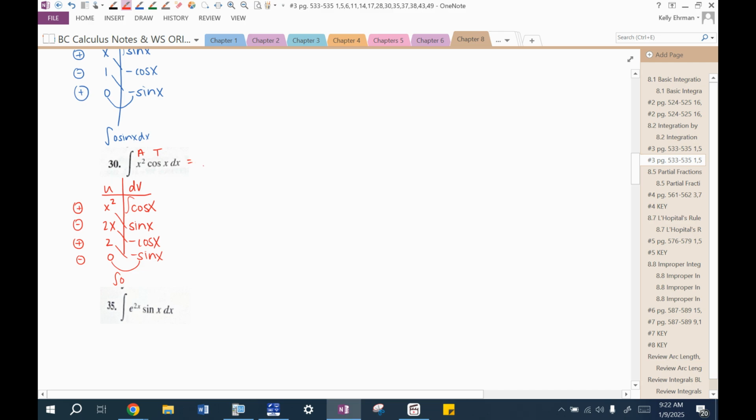So this is positive x squared times sine x minus 2x times negative cosine, so plus 2x times cosine x. Positive 2 times negative sine, minus 2 sine x plus 0, so then plus c.